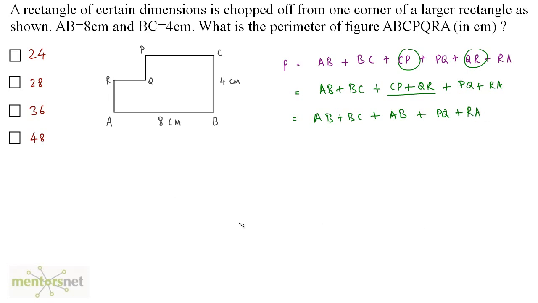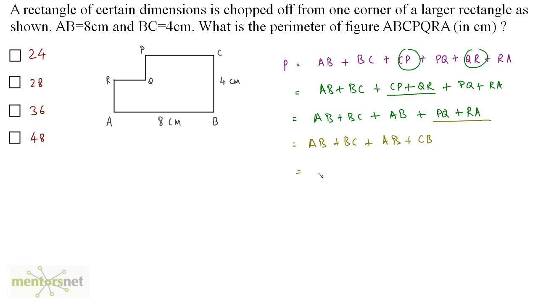Now in the same way I can write PQ plus RA as CB, because PQ plus RA is equals to CB, isn't it? So these two terms I can write AB plus BC plus AB plus CB.